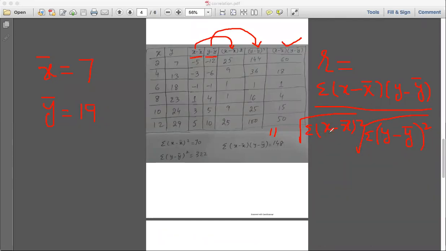So find the summation of (x minus x bar) whole square, that is equal to 70, and similarly the summation of (y minus y bar) square, it will come 322. Now it is very easy to put all of these values in the formula, and we can easily find the relation. Please note down all of these values to put in the formula.